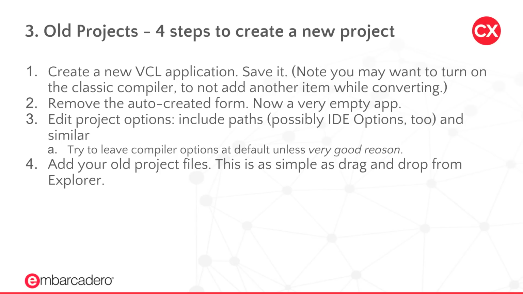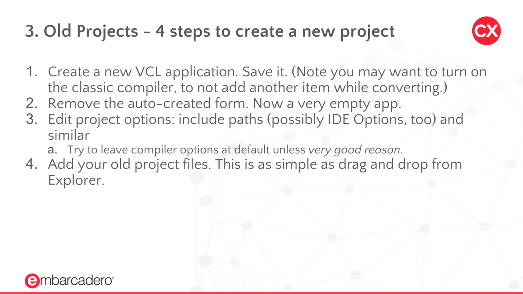And projects that have changed and mutated over many years may have had many changes added, and if you can, you should probably assess those in your old version of C++ Builder and see which ones you can rule out. Or if you don't want to do that, just try straight away not changing any settings and seeing what happens. You can keep settings in mind if you run into any issues later as a potential reason or thing to change to resolve issues.